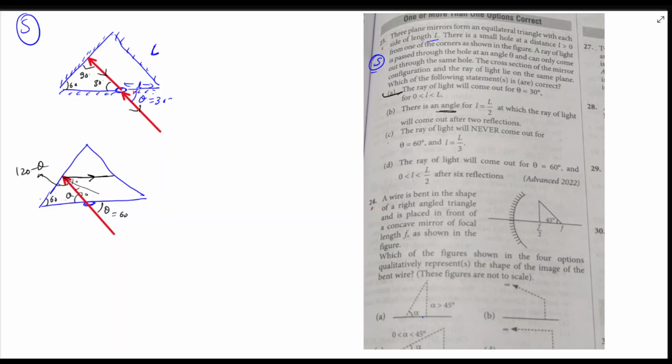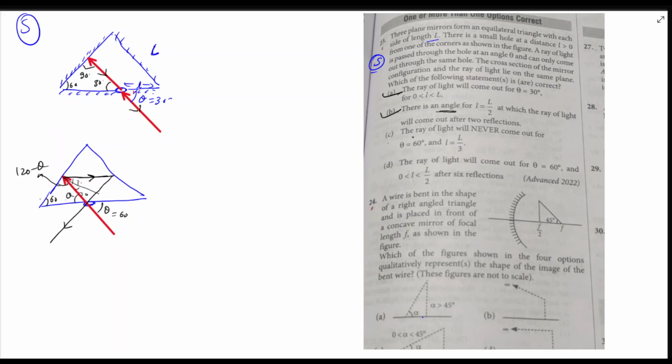So this will be 30, this will be 30, this will be 60. So it will be parallel, and if this is parallel, then it will definitely come out of this hole. So yes, for theta equal to 60 degrees, this situation is valid.